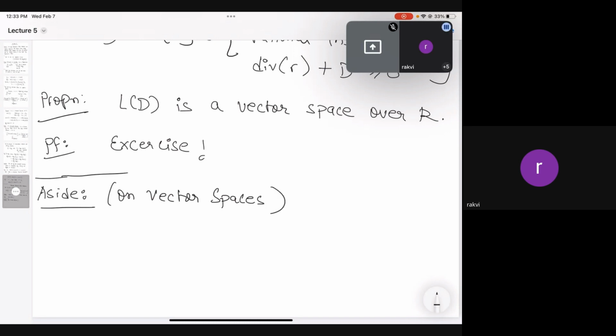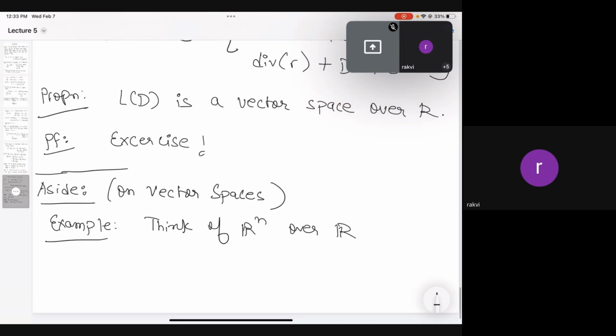A good example to keep in mind when we think of vector spaces is R^n over R. By R^n I simply mean the Cartesian product, so we have all those tuples.